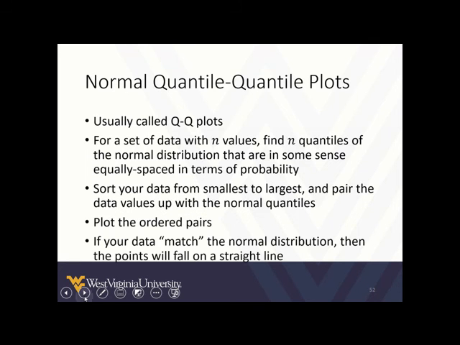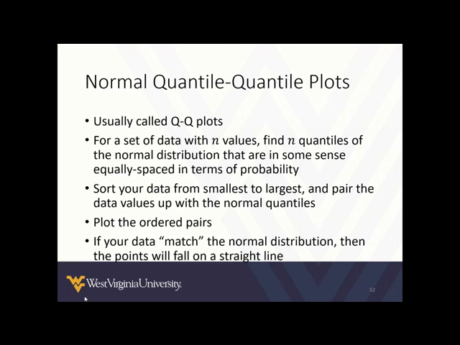And so what we can do is construct a normal quantile plot, also known as a QQ plot. And as was stated on the previous slide, although I didn't read it, we can't examine an entire population to determine if it's normal. We don't have that ability, but we can still examine the sample and infer whether or not that sample came from a normal population.